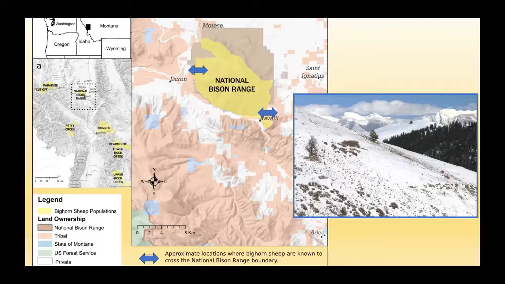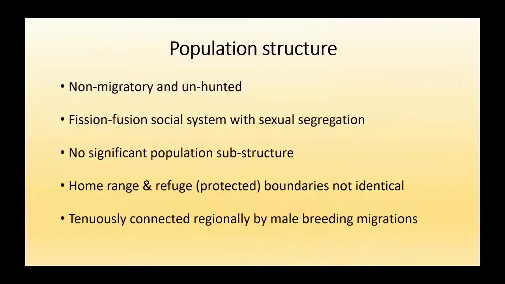But I think that's to some extent true of these other populations that surround it. So the regional context is a relative isolate among several other relative isolates. The habitat, that's the photo in the insert, is mountain foothill terrain. So relatively gentle compared to what some of you are used to.